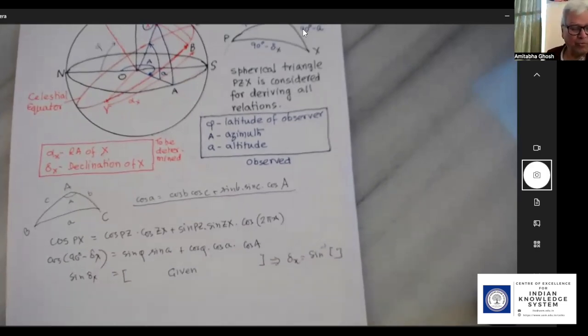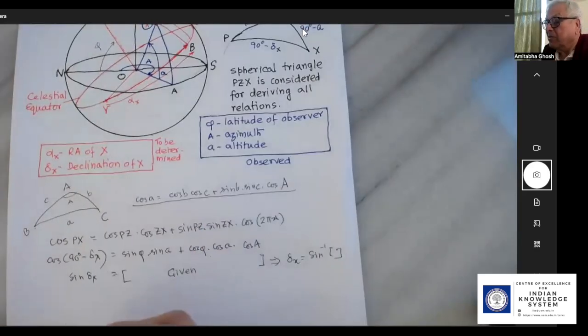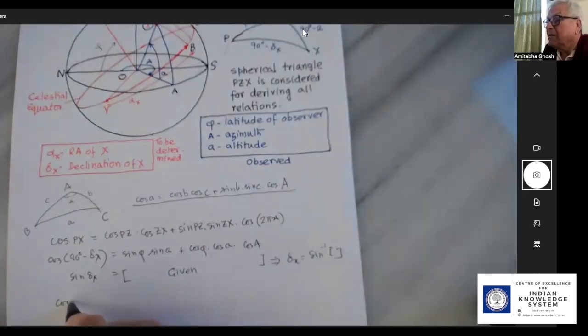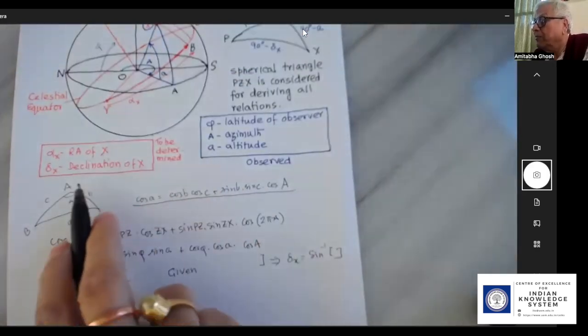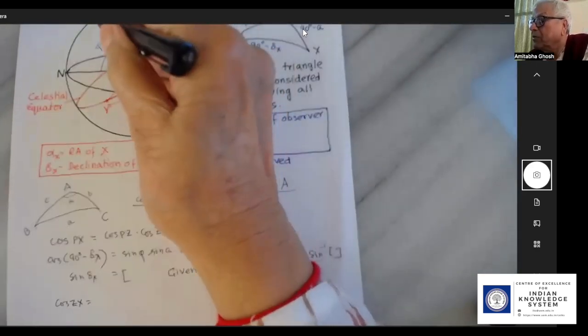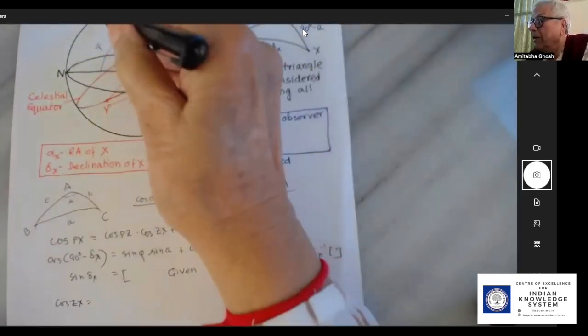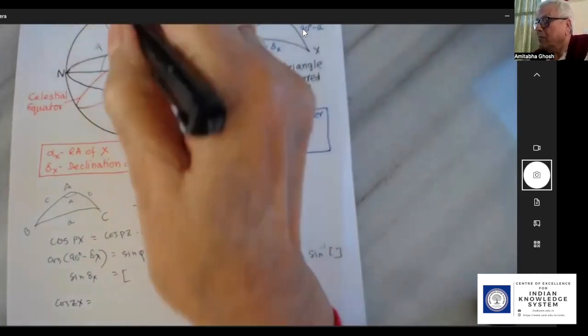Next what we do? Next what we do is we take this one, take cosine Zx. What will be that then? If the cosine Zx in spherical trigonometry, if you use the same relation, it will be cosine of this into cosine of this plus sine of this into sine of this into cosine of this angle will come.